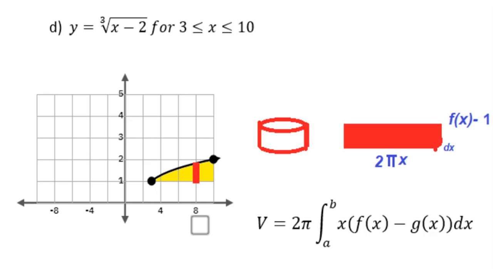If we want to use the shell method, you need to figure out the volume of that rectangle. Think about this as a piece of paper. So what's the volume of the piece of paper? You will see the radius is x. So 2 pi x will be the length of this rectangle. The thickness is dx. The height will be f of x minus 1 because the shaded area is formed by two functions.